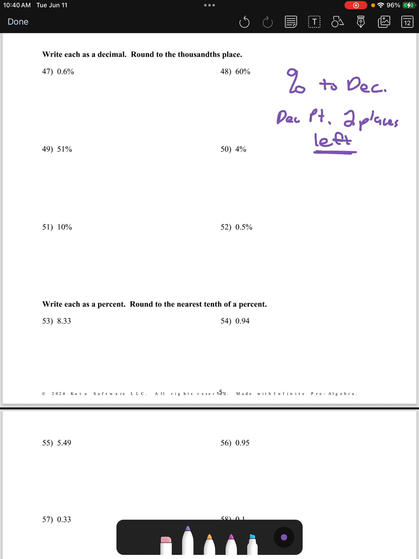And when we're changing a percent to a decimal, the decimal point is moved 2 places to the left.